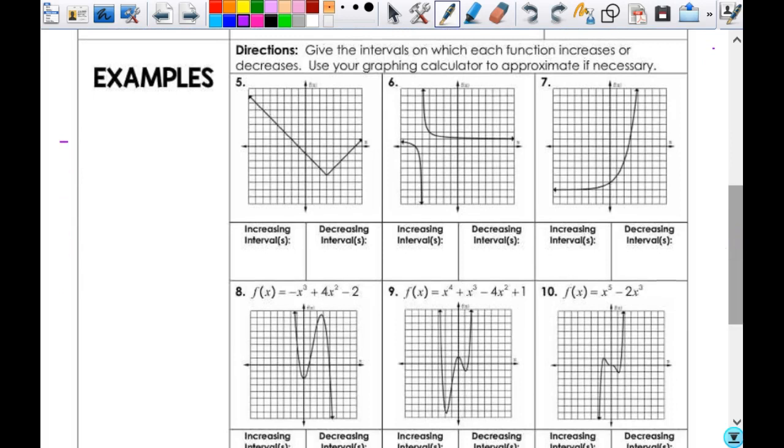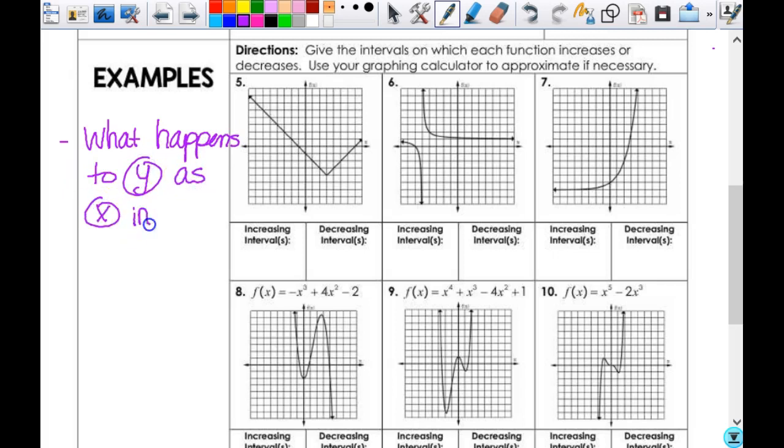We are looking for what happens to y as x increases. Right? So that's what x is increasing the whole time. What's happening to y?